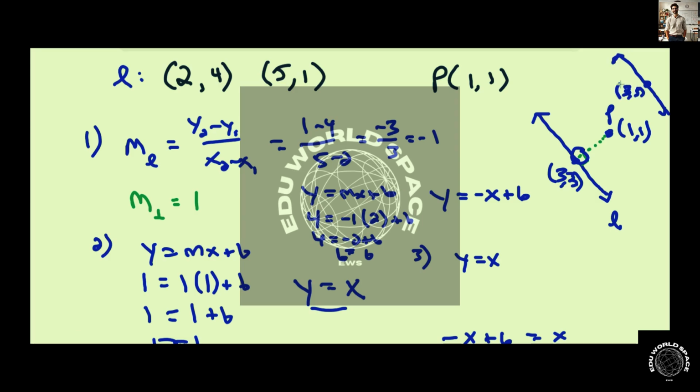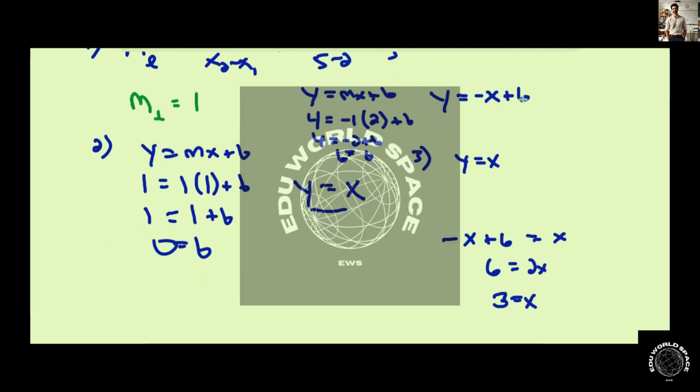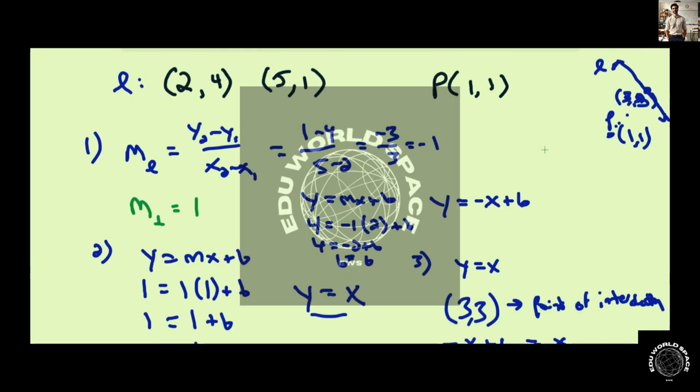But they're going to intersect at 3, 3. Now, the question is, find the distance. So we have the point 3, 3, the intersection, and the original point P at 1, 1.